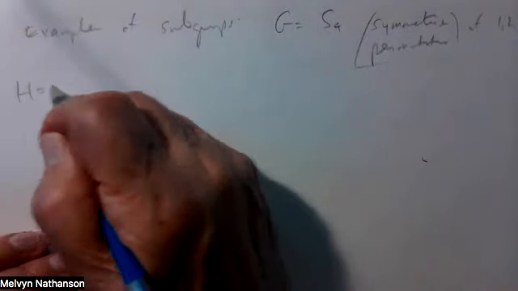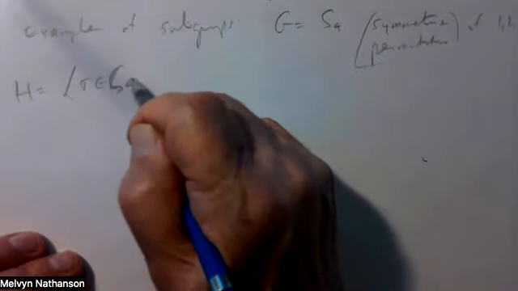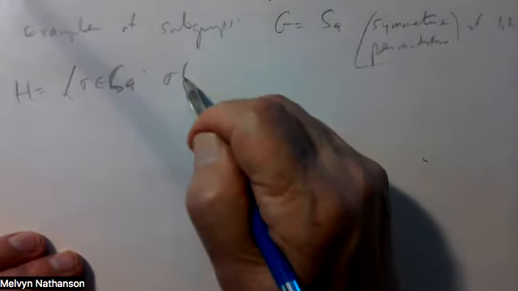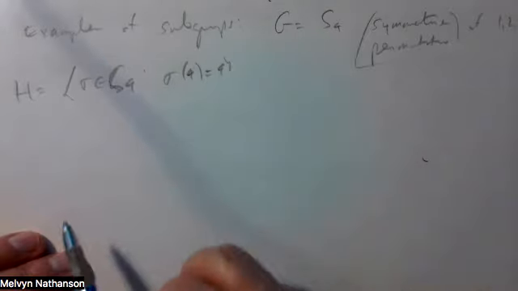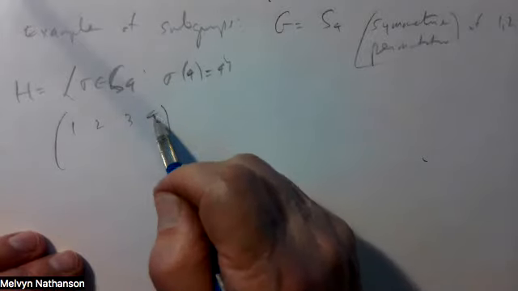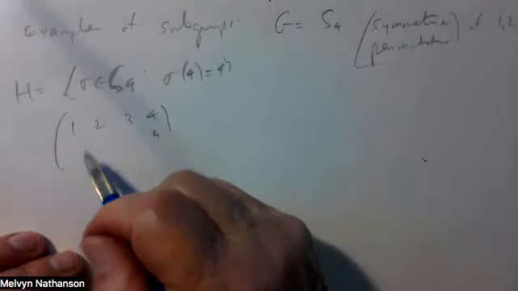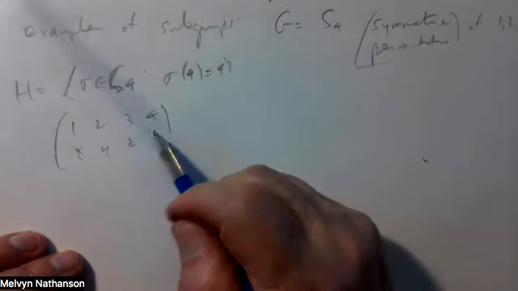Suppose I take H to be the set of all permutations of 1, 2, 3, 4 that keep the number 4 fixed, sigma of 4 equals 4. So it's all permutations of 1, 2, 3, 4 where 4 goes to 4, and here you have some permutation of 1, 2, and 3.